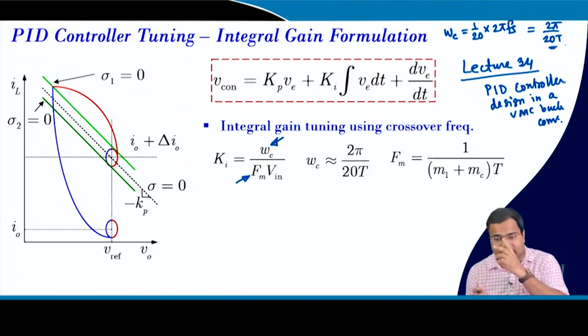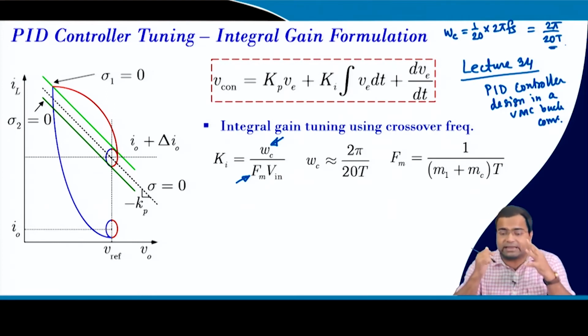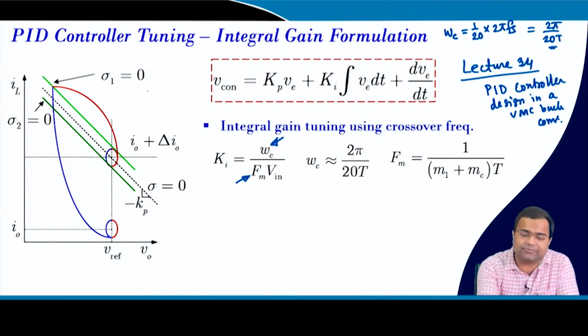Now, what is the modulator gain? Here we are considering the derivative of the output voltage, and in a buck converter, if you take dV0 dt, it is nothing but the capacitor current.